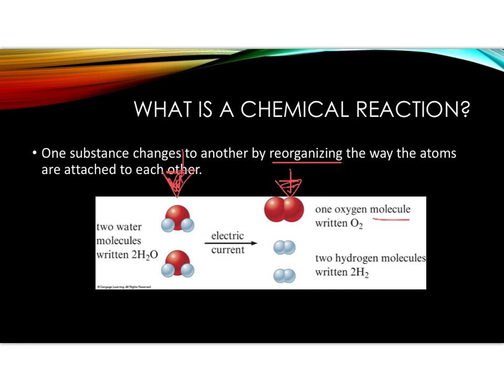Notice that I have 2 red circles on the left, 2 red circles on the right. I have 4 white circles on the left, 4 white circles on the right. So all I did was reorganize or rearrange those atoms and how they're attached one to another.